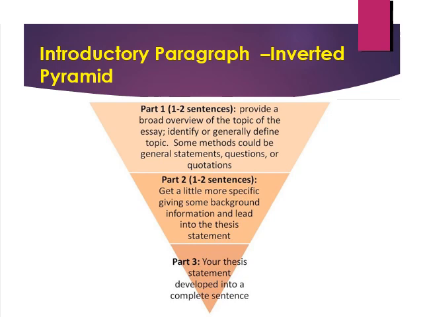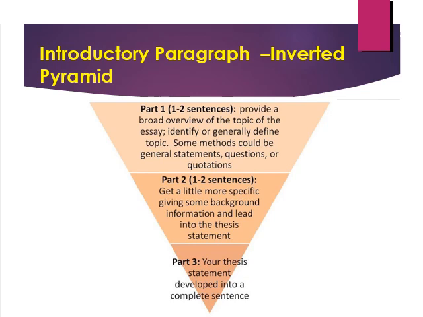In part 2, we have 1 to 2 sentences. We get a little more specific, giving more background information and leading into the thesis statement. In part 3, your thesis statement is developed into a complete sentence.